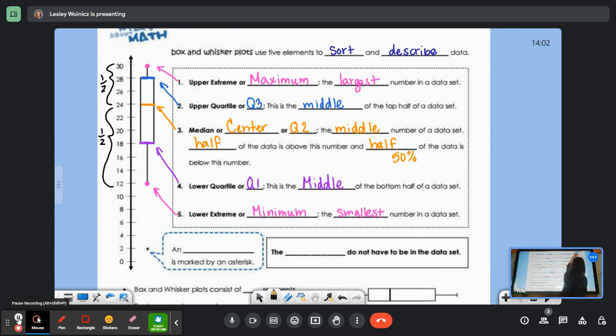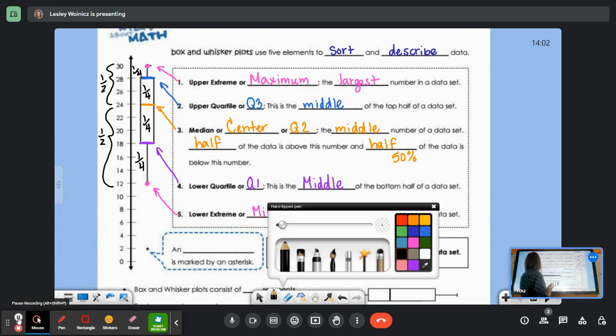So right here, this is 1/4. This will be 1/4, this will be 1/4 of our data, and this is 1/4 of our data. This up here looks pretty gross, so I'm going to try that again. 1/4 of our data is here, 1/4 here, 1/4 here, 1/4 here. Everybody happy with that?